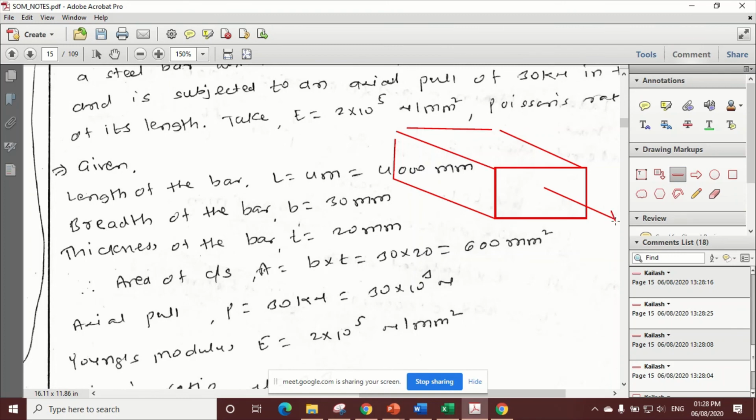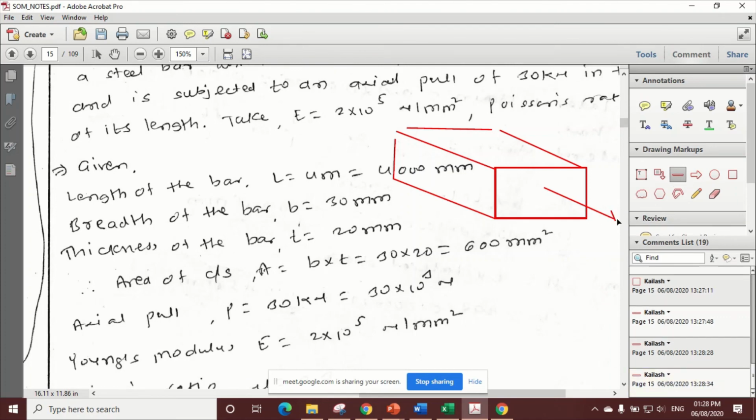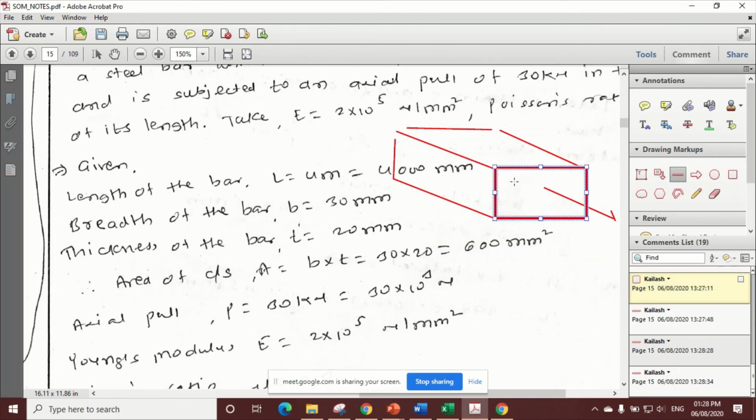Due to that, one area is taken, this area which is highlighted. That is the area on which the load will be applied. For the calculation of the stress, we have to consider this area. So width is 30 and height is 20. So the area is 30 into 20. This is the cross sectional area of that rod.